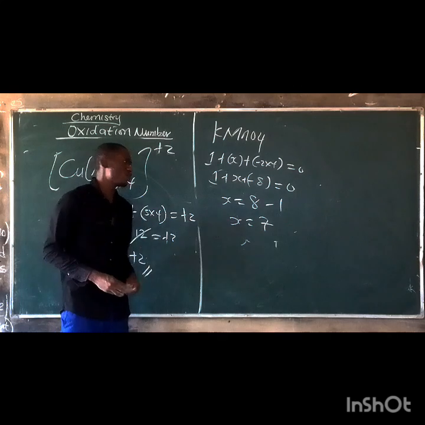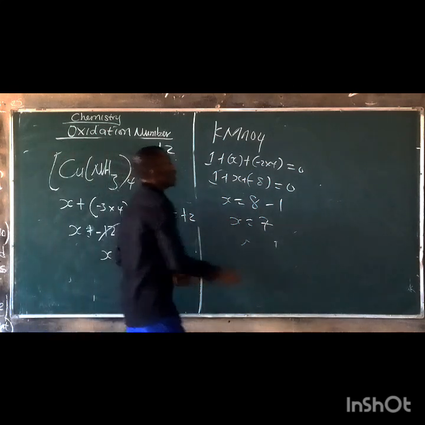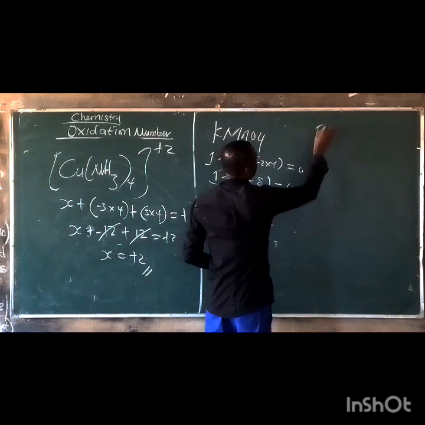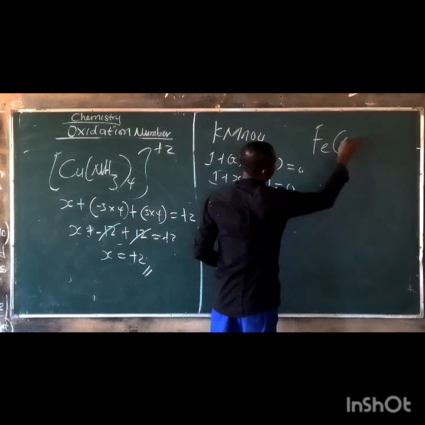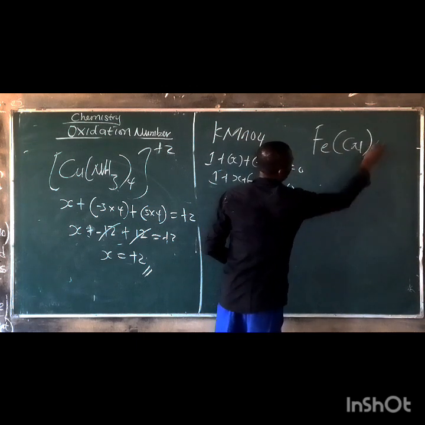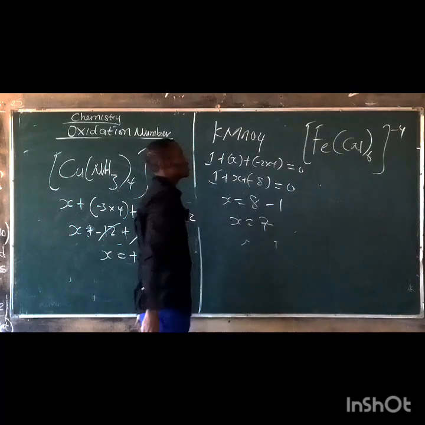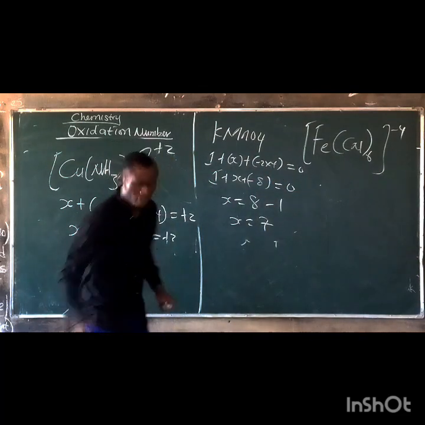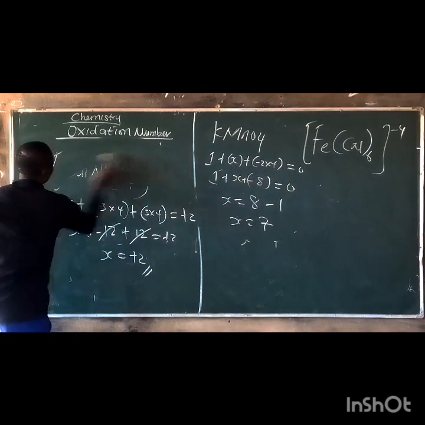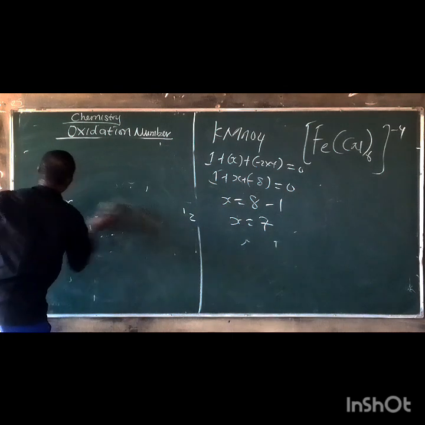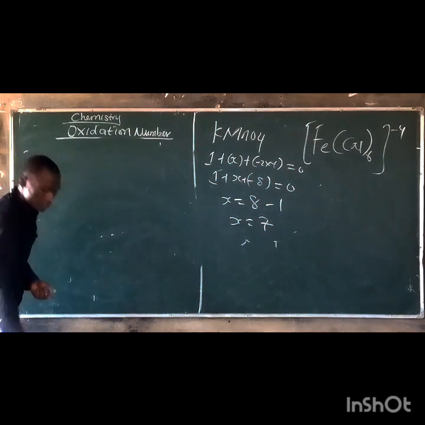So this is all we've got for you. But we have an assignment for you. What's the name of this? What is the oxidation number? What's the oxidation number of iron in that compound? Maybe you didn't see that. Let me write it over there.